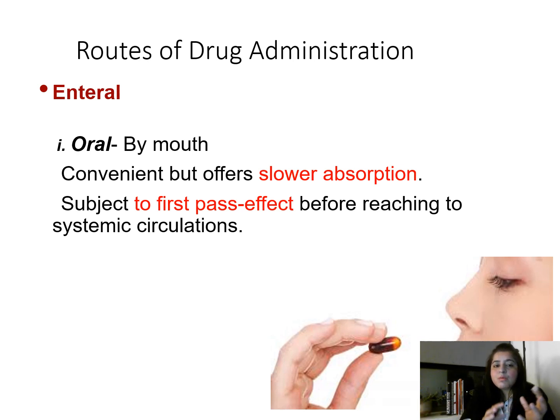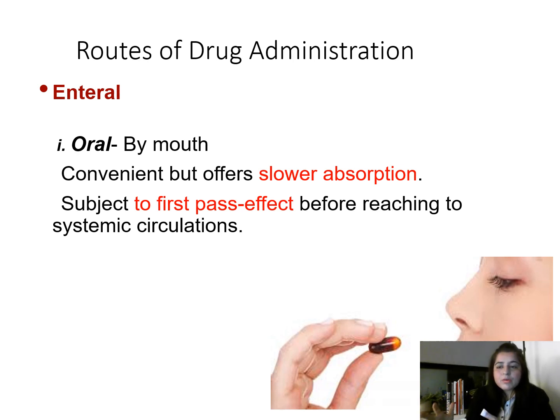This is how the drug is metabolized by liver metabolizing enzymes. However, the other portion of the circulatory system is the systemic circulation.